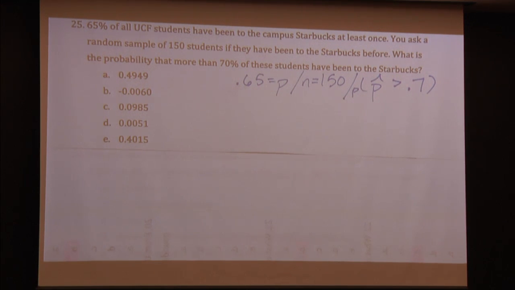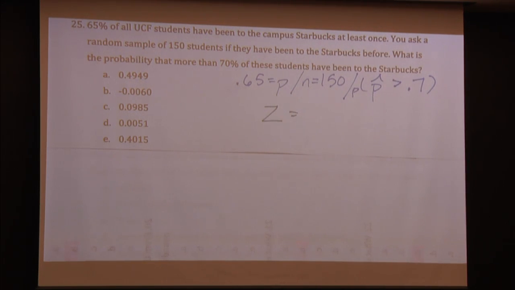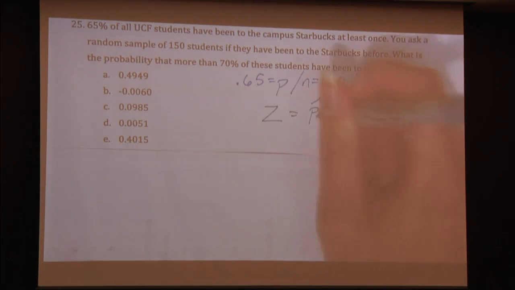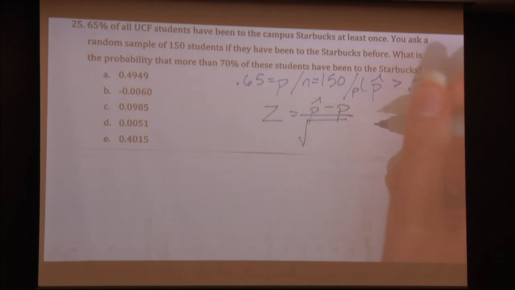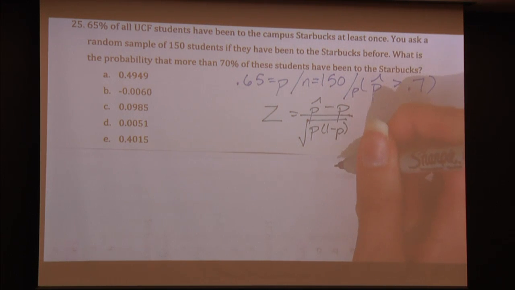So I heard the z-score. What does the z-score formula look like for the proportion with sampling distributions? P hat minus p, over n.